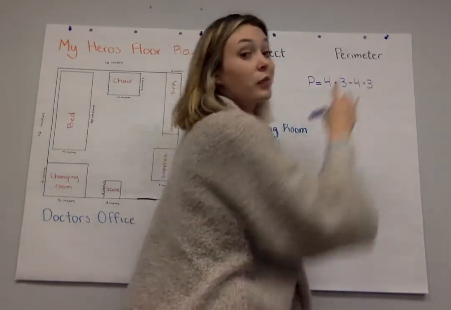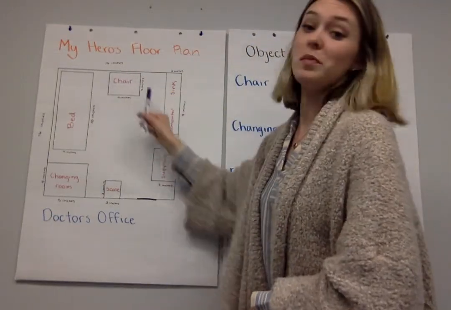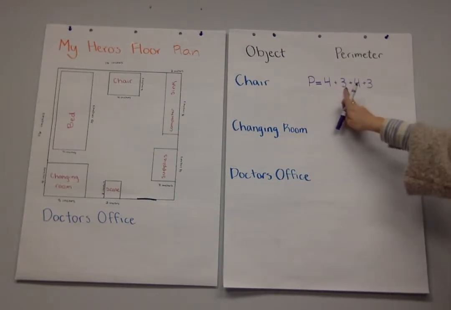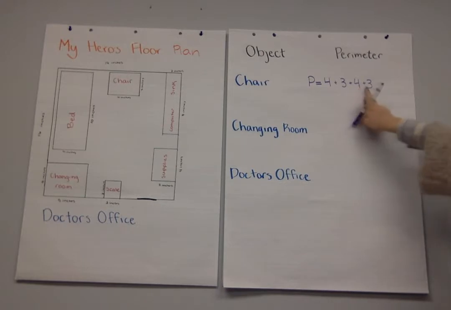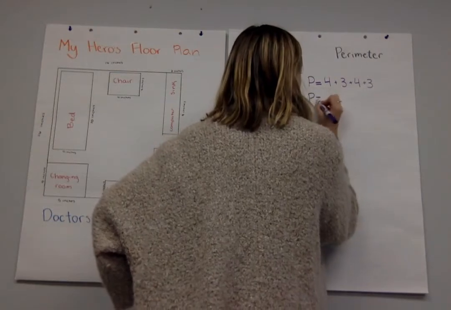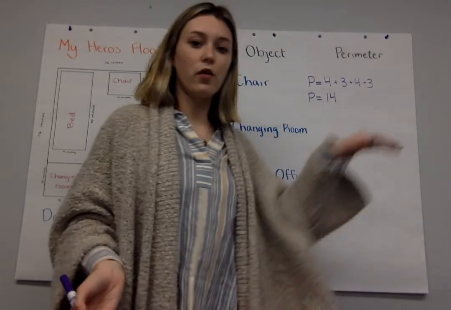We switch off because it's a rectangle, and the opposite sides should be the same. So we know 4 plus 3 is 7, plus 4 is 11, plus 3 is 14. So our perimeter is 14.